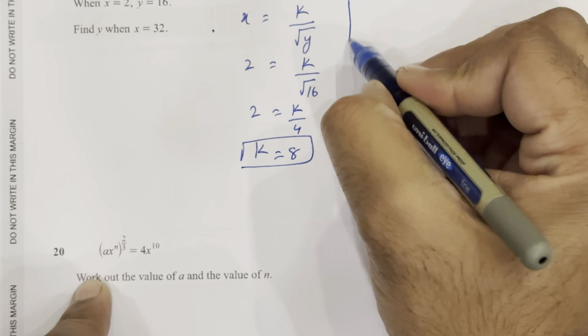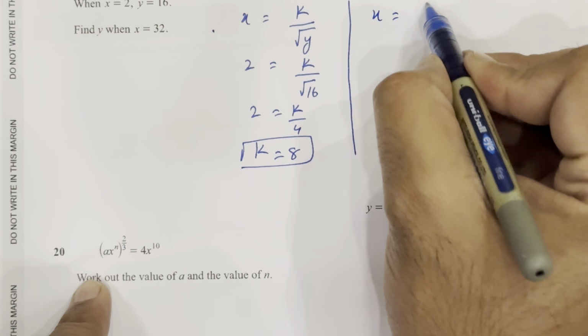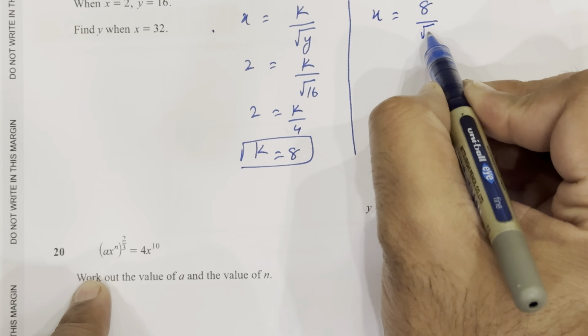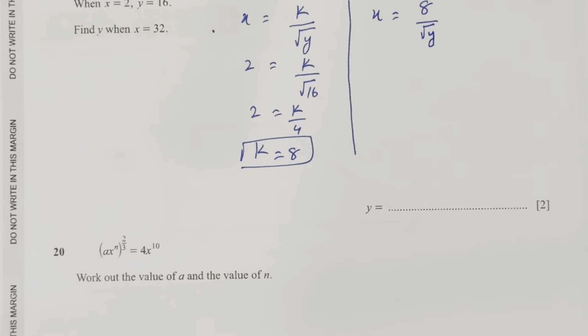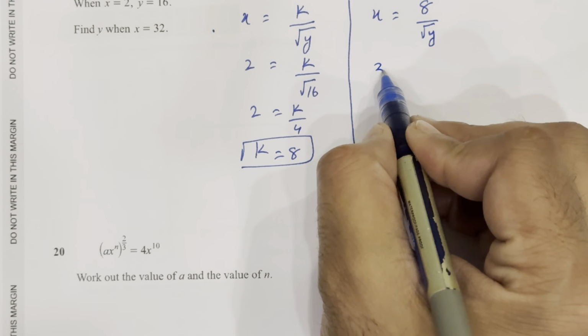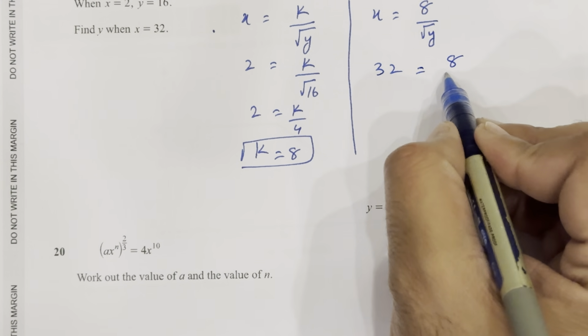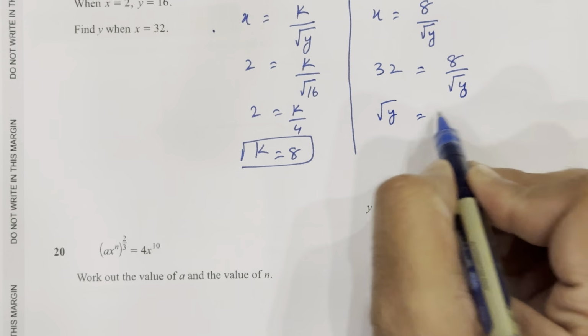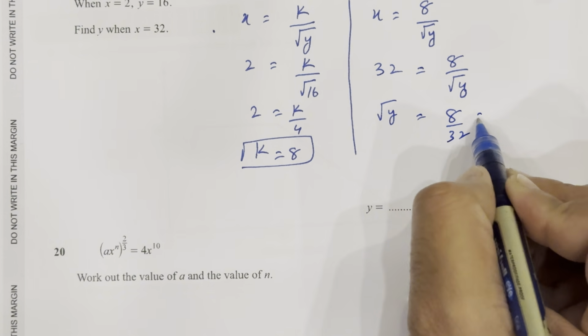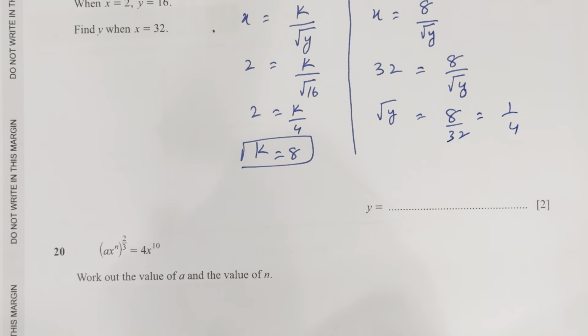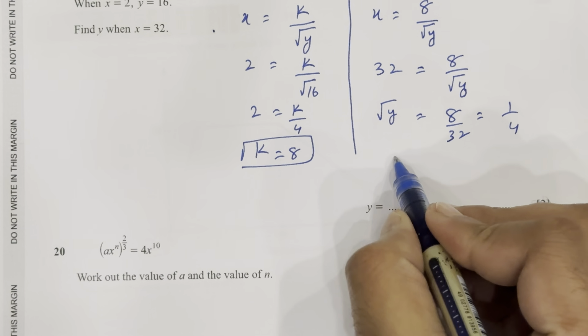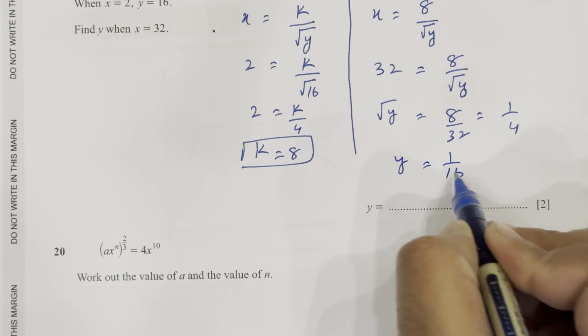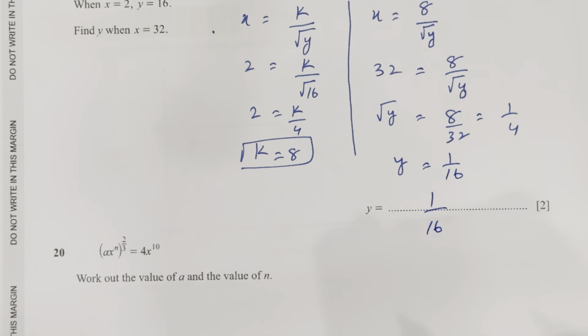Now you can put this value over here, x is equal to 8 over root y. Now find y when x is equal to 32. So 32 is equal to 8 over root y. Then root y is equal to 8 over 32. This would be equal to 1 by 4. Now taking the square on both sides, our answer would be y is equal to 1 over 16. So our final answer for y is 1 over 16.